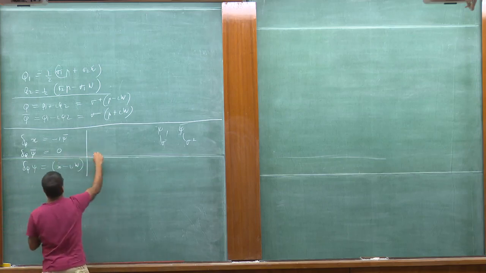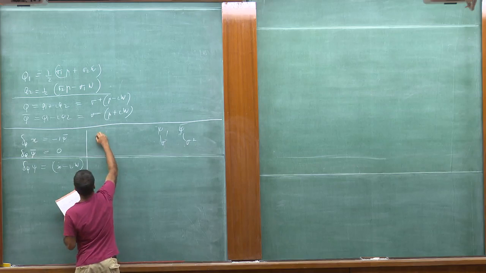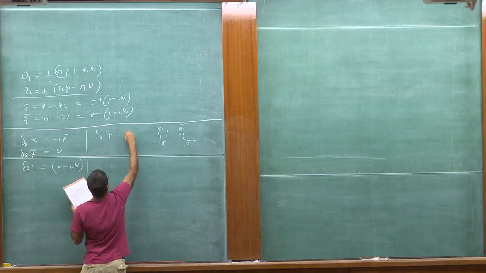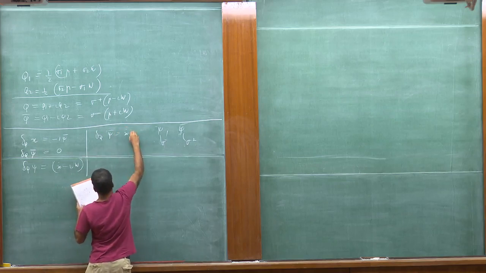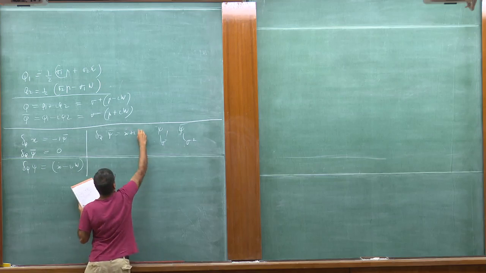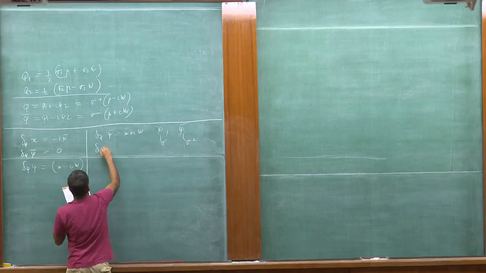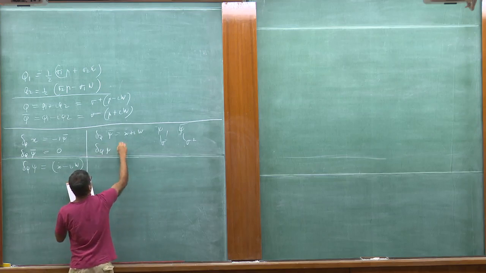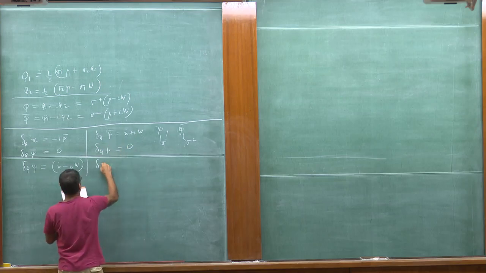This is what I got, just roughly reproducing it. Delta Q bar of psi bar was equal to x dot plus iw, and delta Q of psi was equal to 0.